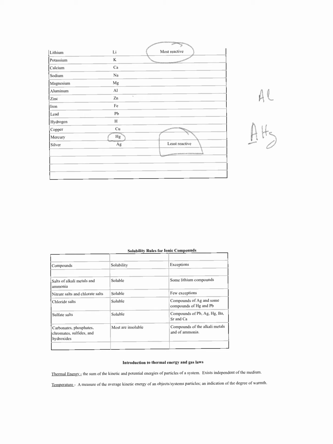If the aluminum goes by where the mercury is, because aluminum is more reactive than mercury, it will take the place of mercury. So these are less reactive, and the more reactive elements are going to replace them. You'll see the elements that are more reactive replacing the elements that are less reactive in a chemical reaction.